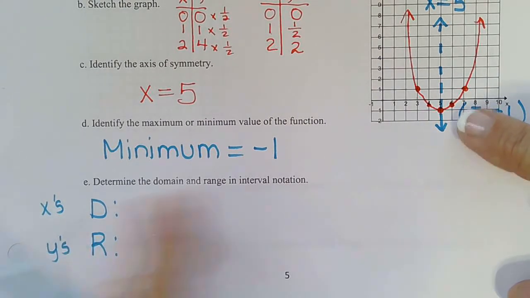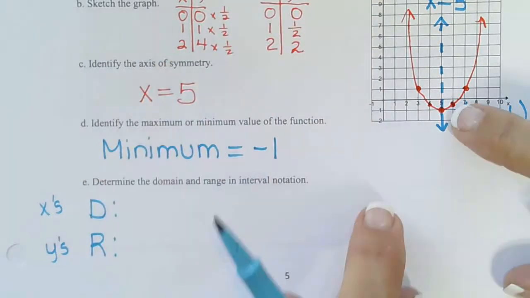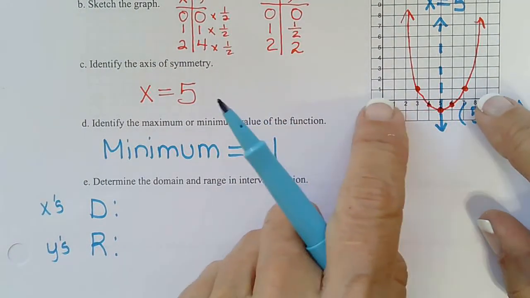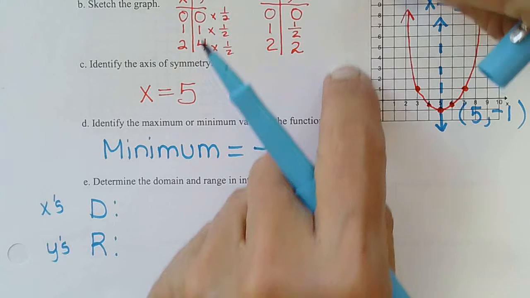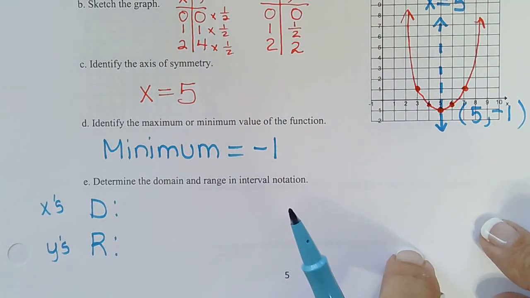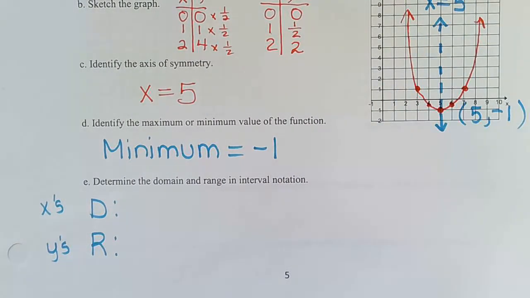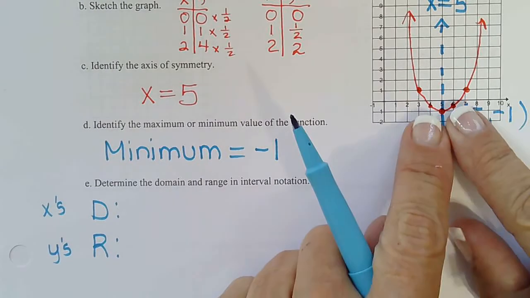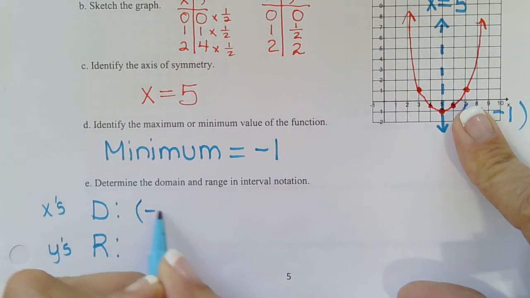Okay, so the x values, because this parabola goes left forever and right forever, every x will be taken care of. Because if I go down here, eventually the parabola is going to widen up to have a value for that x. If I go over here, eventually the parabola is going to widen up to have a value for that x. So every vertical parabola has the same domain.